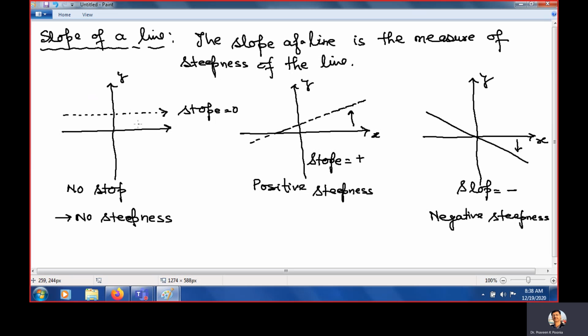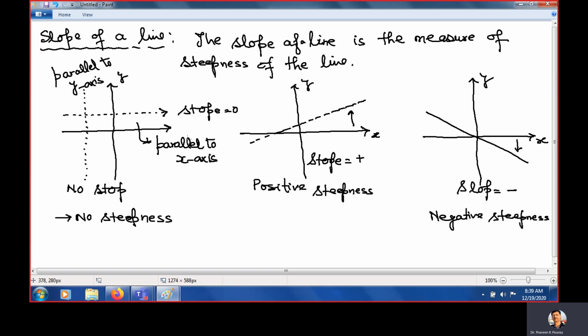This is parallel to the x-axis. So if it is parallel to the x-axis, parallel means no slope, zero, same as the x-axis. If I draw one line here, it is the same as the y-axis, so this is parallel to the y-axis.